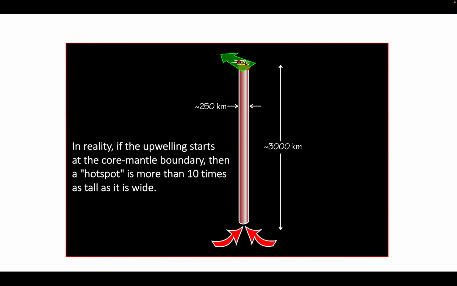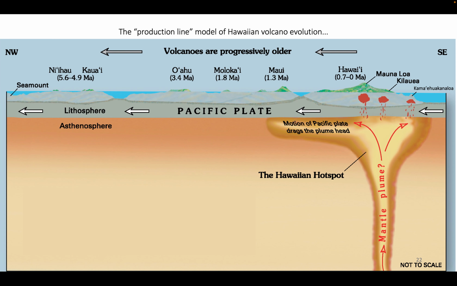In reality, if the upwelling starts at the core mantle boundary, then a hotspot is more than 10 times as tall as it is wide. You can see in this image that each of the volcanoes are labeled and that age increases from right towards the left as you move in distance from the hotspot at Kamaʻehuakanaloa.